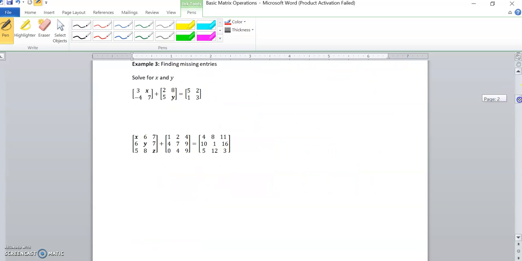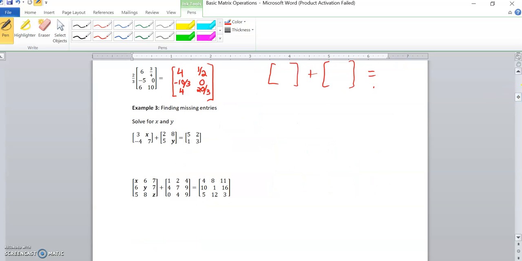The other thing we did in that first lesson, it just says solve for x. We can see that entries 3 and 2 give us 5. Here we have x plus 8 equals this entry, so equals 2. So x must be negative 6. Same thing down here. Negative 4 and 5 is 1, but 7 plus y equals 3.